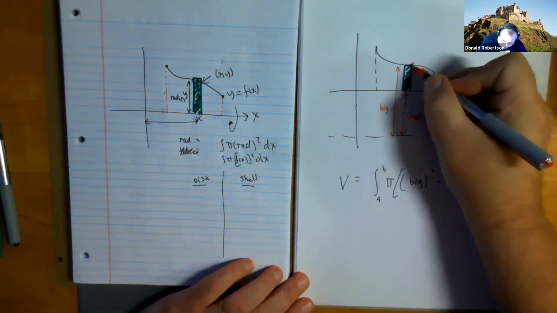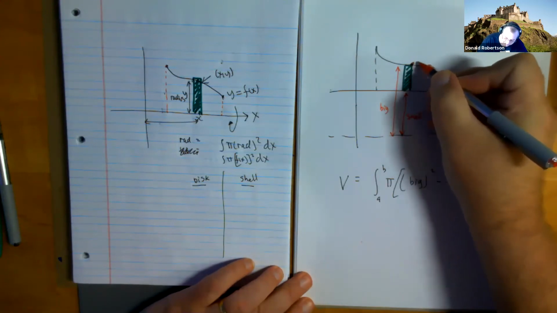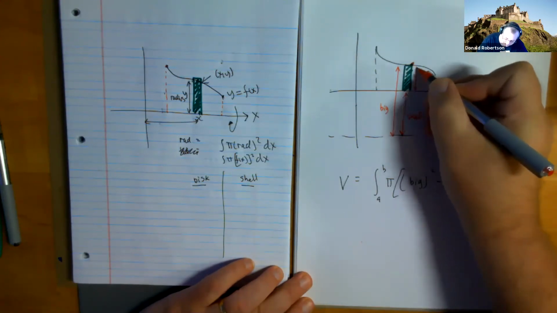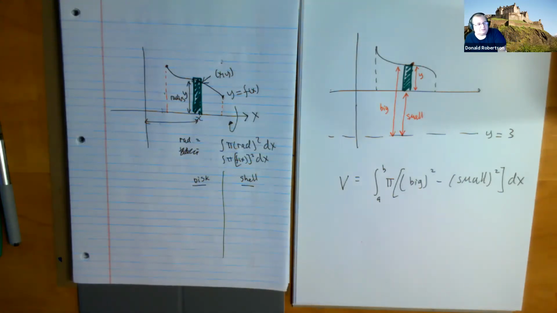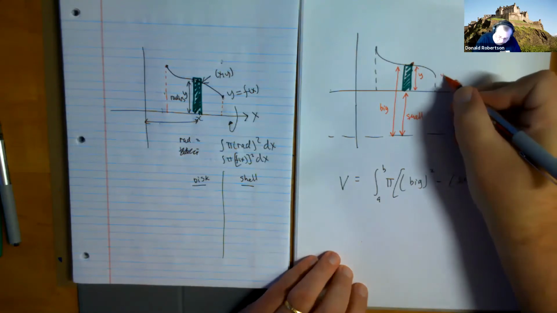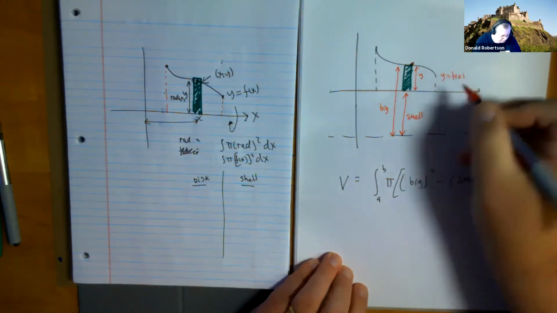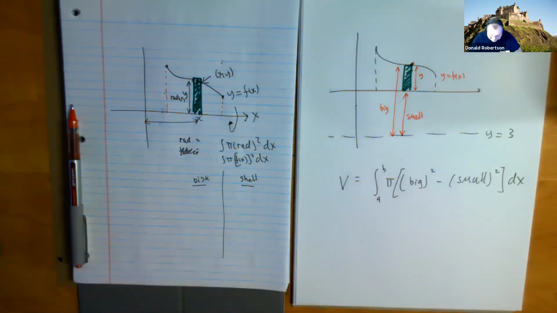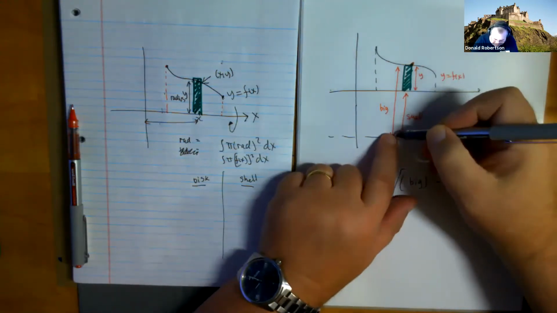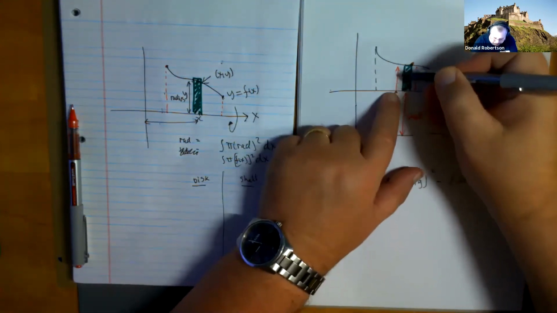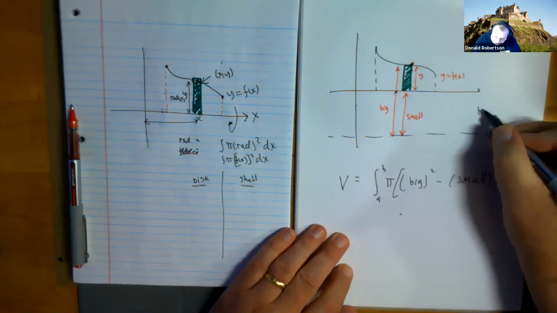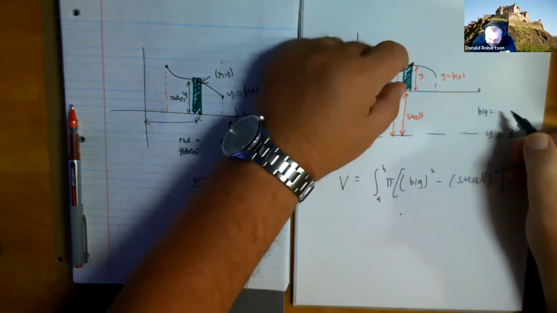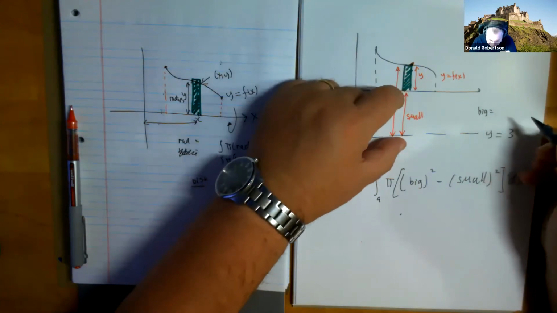You can imagine that point there, from here to here, being the y value. Y equals f of x. So the big radius is that bit plus a y. The big radius, right over here, is going to be that distance plus this distance.